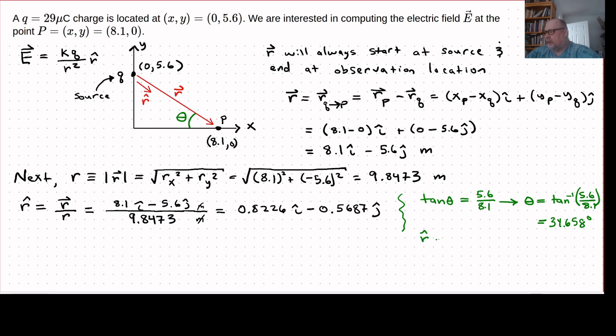Then the unit vector is just cos theta i hat and sine theta j hat, and you need to get the correct plus or minus in front of those. We can see that our r vector is moving towards the right, which is a plus sign, but then downward, which is a minus sign. So if you found cos and sine of this angle, that would also match these numbers. But generally, it's more useful to forego this theta way of computing the unit vector. The method of taking the vector and dividing by its magnitude is more powerful and more useful, especially when we get into problems involving integration.